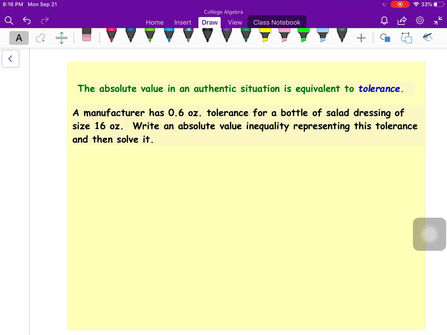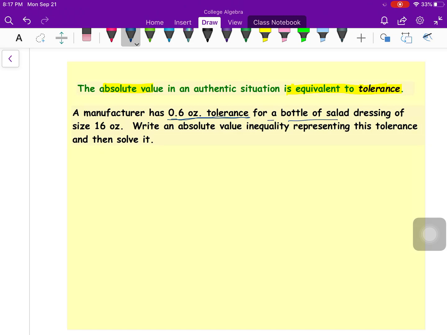Now, in an authentic real-life situation, absolute value stands for tolerance. Absolute value is equivalent to tolerance. So, an example we have here is on an assembly line. The manufacturer has 0.6 ounce tolerance. So that means basically the bottles of dressing can either be half an ounce over or half an ounce under.